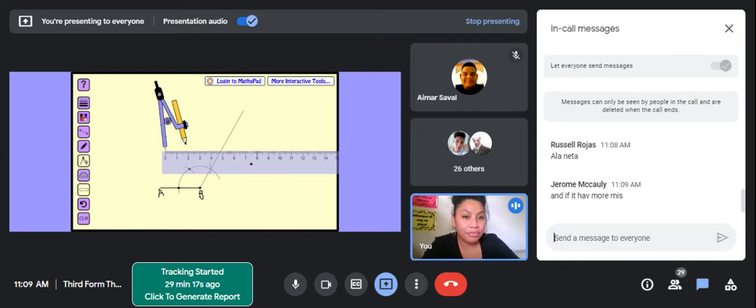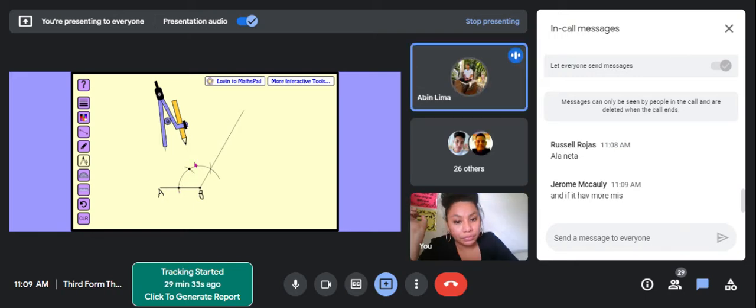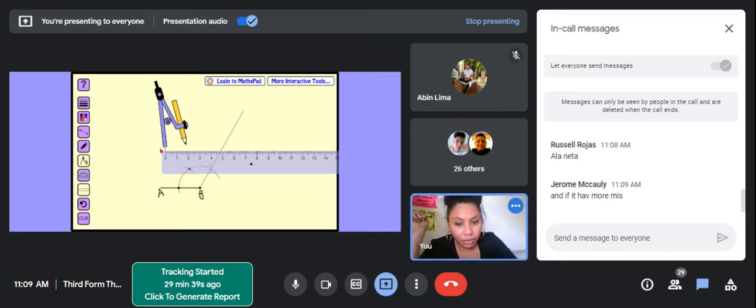When you draw the first arc, the big arc over here, you do not close or open your compass. You have to leave it exactly as it is. That's why I told you to tighten your compass so that it doesn't move. How much do we measure on the ruler for the compass? 3.5. If you did not get 120, that is not correct. You have to do it again.